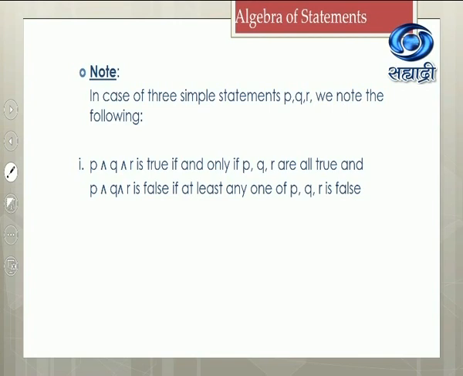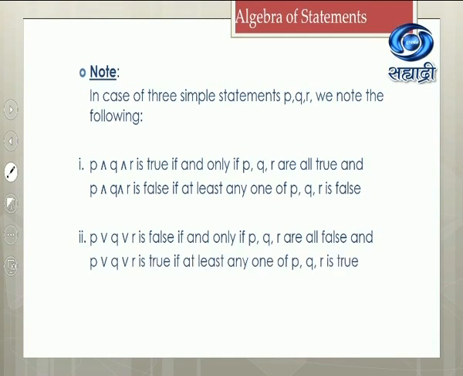If any one is false, then it is false. So the same thing happens in the case of three statements. For disjunction, P or Q or R is false if and only if all are false. Otherwise, if at least one is true, it is true. Same as what we have seen in the disjunction table. So whether they are two statements or three statements, the logic is the same.